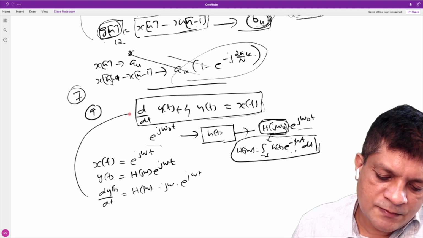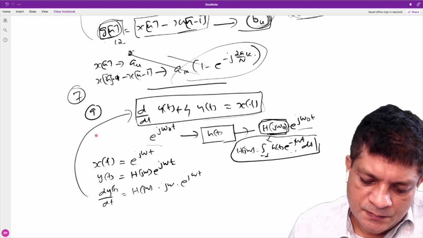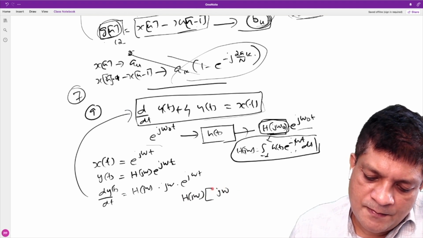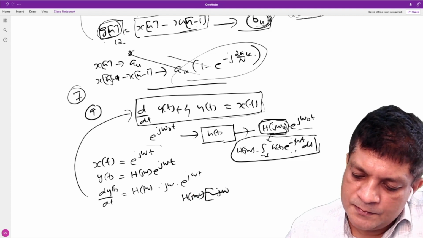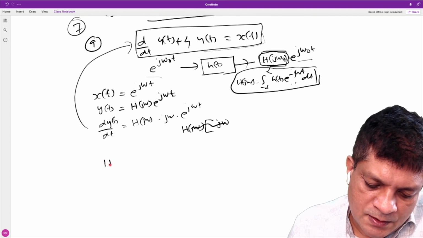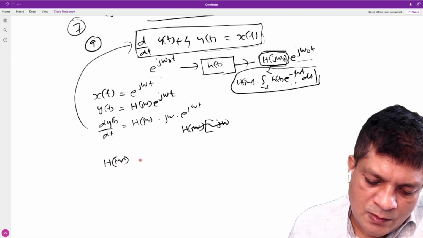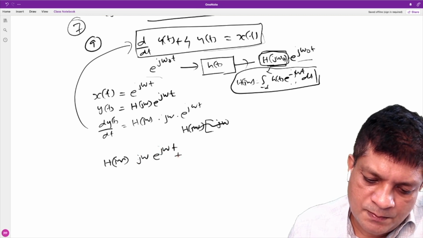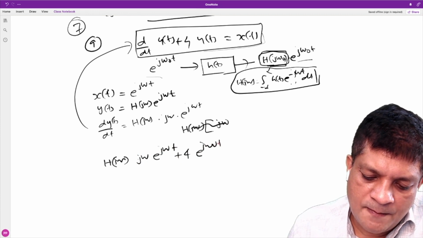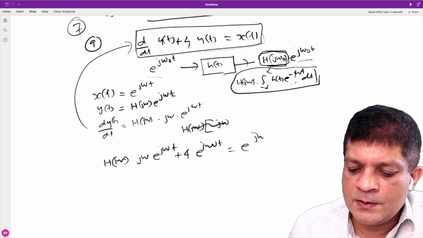Now, if you put these values here, you will get H(j omega) into j omega e to the power j omega t plus 4 H(j omega) e to the power j omega t equals e to the power j omega t.